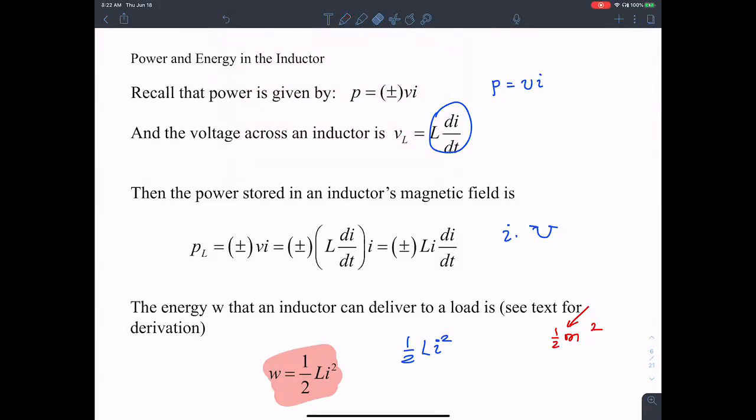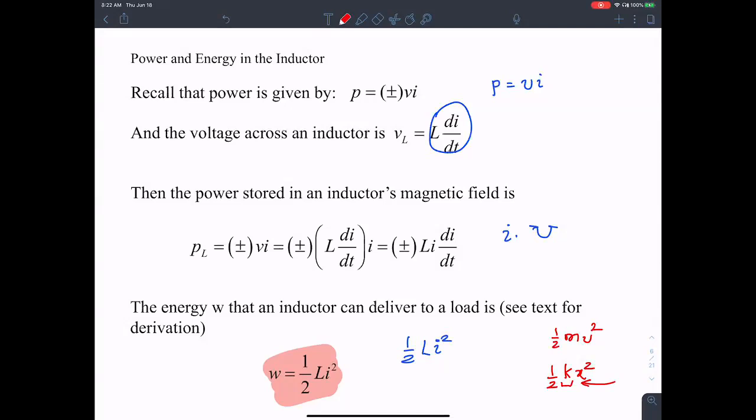That's the kinetic energy of a moving body, right? 1/2 kx squared, that's the energy stored in a spring. K is the spring constant, x is the compression. So energy stored in a spring.